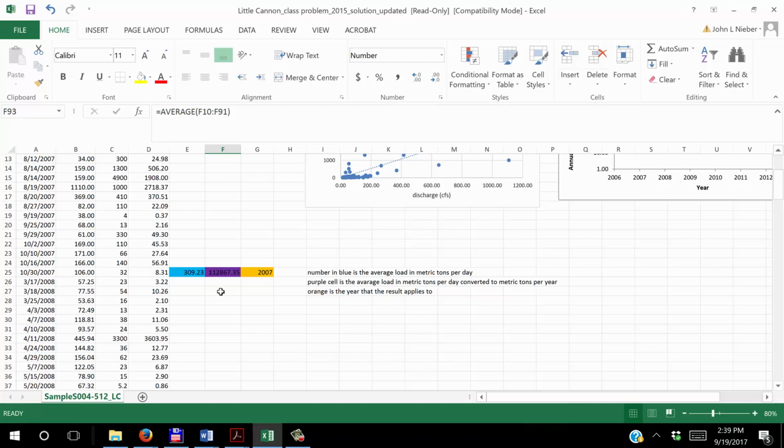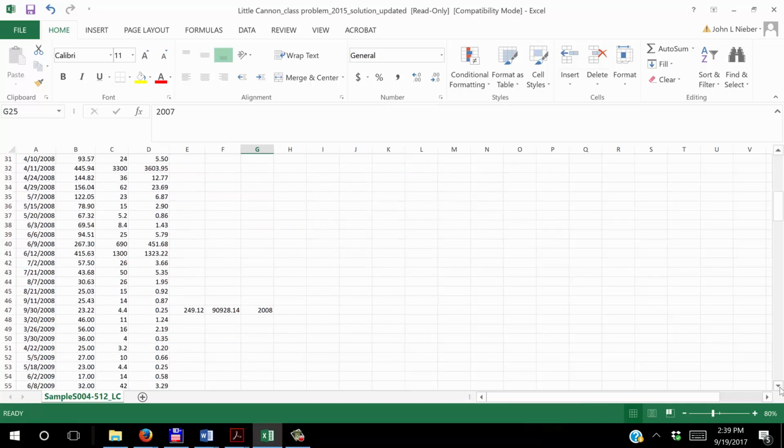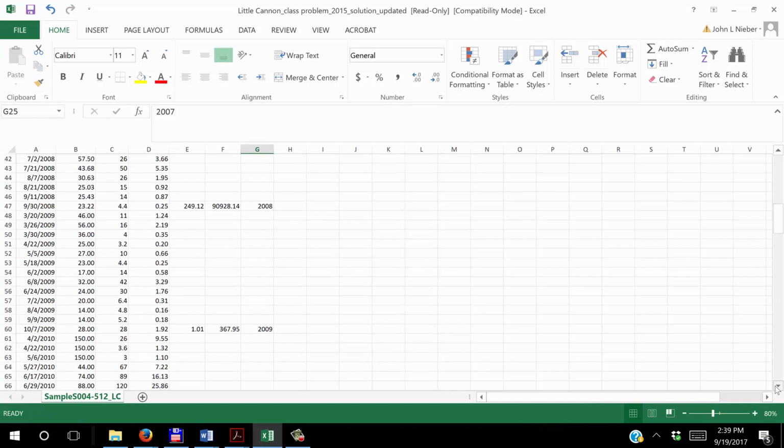The metric ton load per year is given by this purple, which is 112,867, and that's for the year 2007. I did it for 2008, get 90,000. For 2009, we got 367, quite a bit smaller.